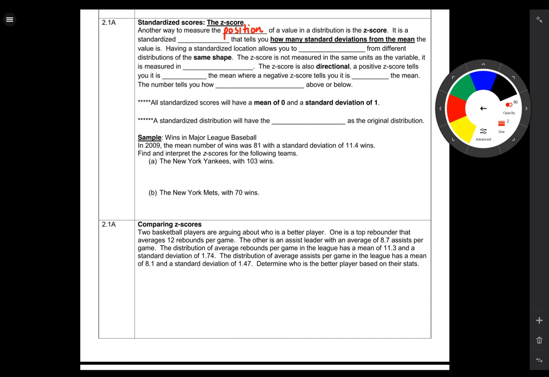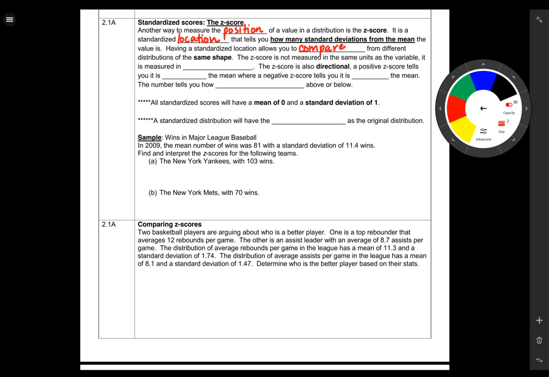It is a standardized location that tells you how many standard deviations from the mean the value is. So that's a relationship. Having a standardized location allows you to compare from different distributions of the same shape.